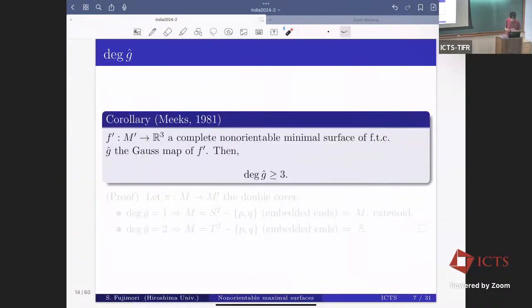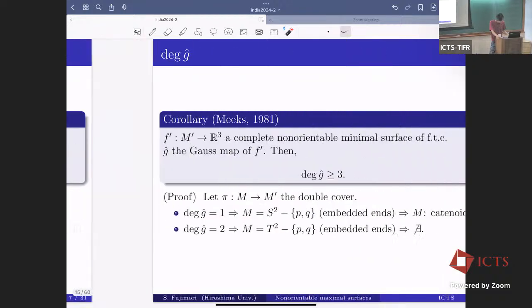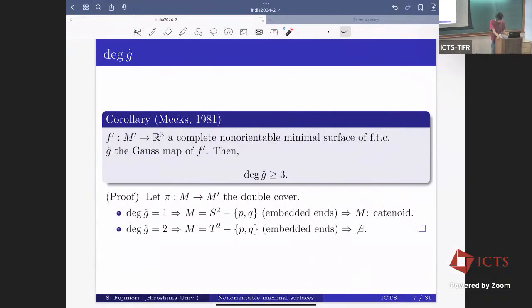And as a corollary, Meeks showed that, let F prime be a complete non-orientable minimal surface of finite total curvature and G hat the Gauss map of F prime, then the degree of G hat is greater than or equal to 3. The proof is as follows. Let M be the double cover.